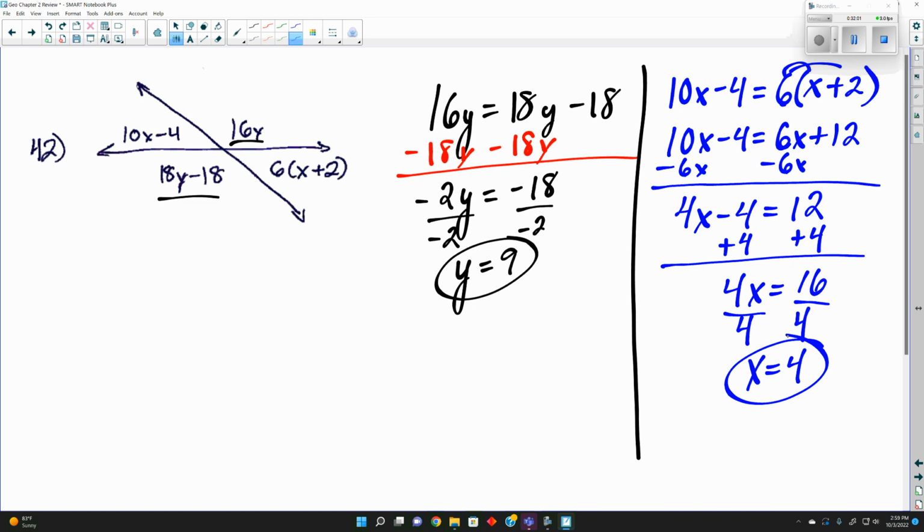Questions on either one of these here? You hang on to these. I don't collect these.